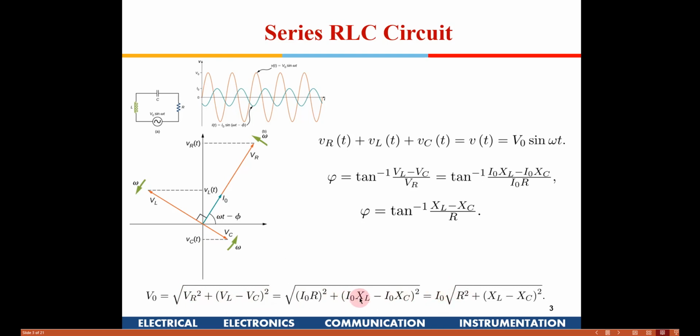Since it's the same current passing through all three components, I can take out an I0 separately and write square root of R square plus XL minus XC the whole square. This is the net impedance offered by the three components in series. This magnitude will define the value of the current I0 for an applied voltage V0. So this is what the impedance is: Z is equal to square root of R square plus XL minus XC square.